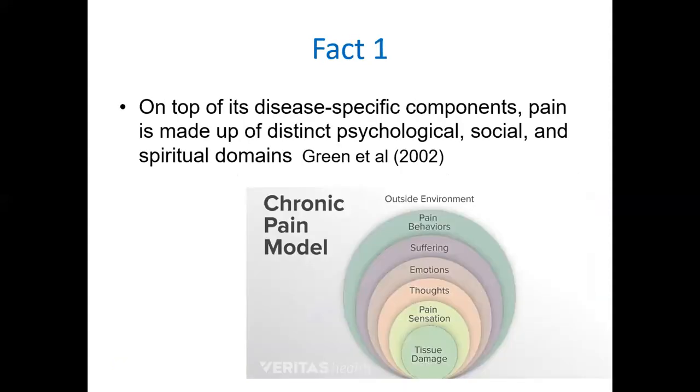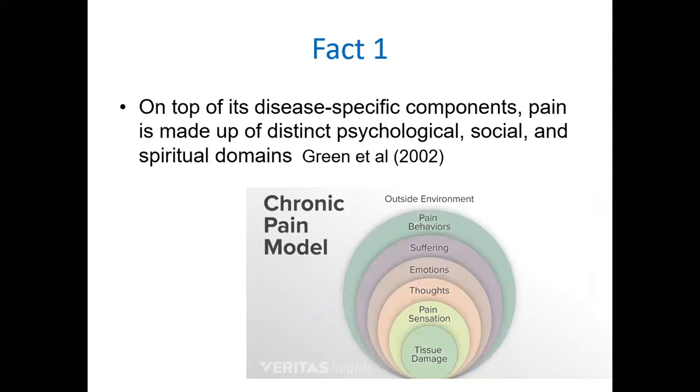One of the facts about pain is that it's not only physical specificity that will define pain. It's also defined because we have some psychological, social, and spiritual domains that affect pain. Think of neuropathic pain, or even the other type of pain, the nociceptive pain.